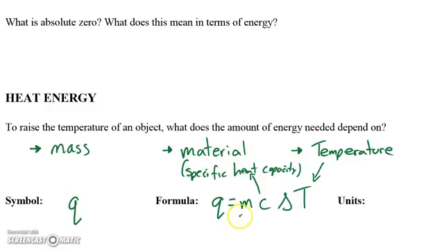And mass, and this is in kilograms. Temperature can be in Kelvin or degrees Celsius. It actually doesn't matter which one, which is interesting and unique. And the units, as this is an energy, it is the heat energy, the amount of energy transferred, it is in joules.